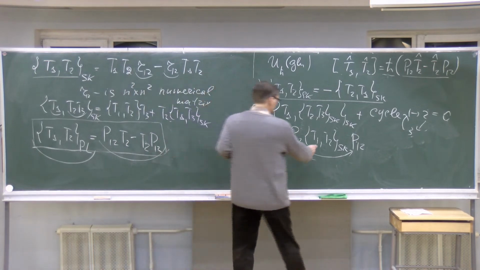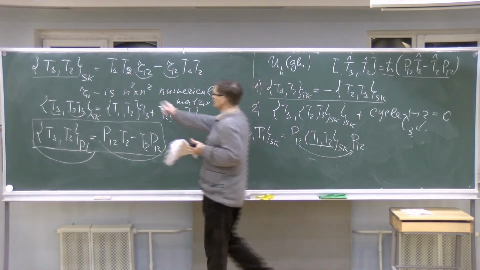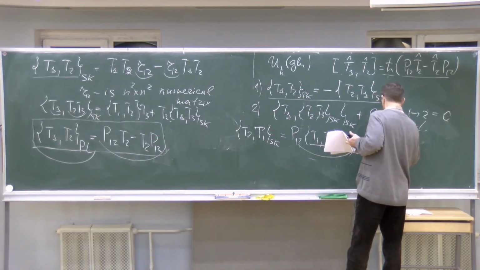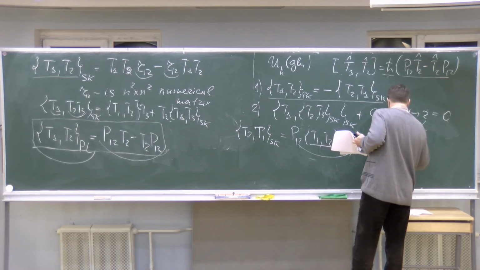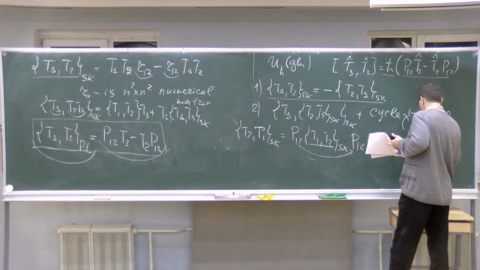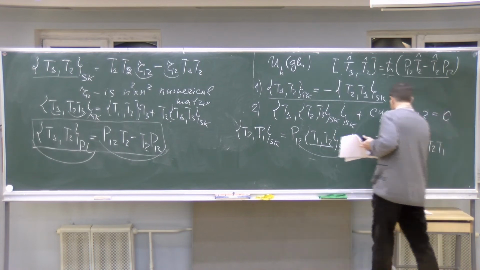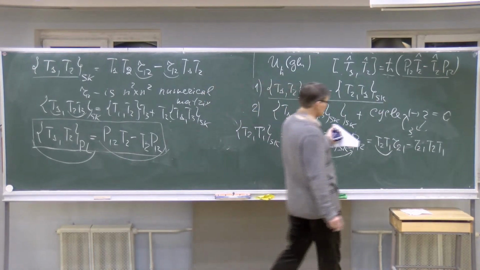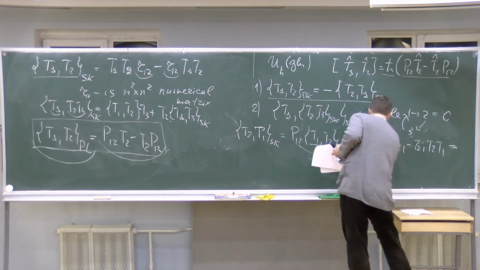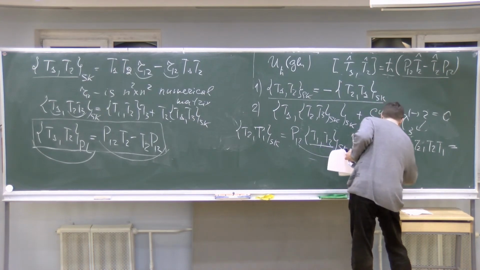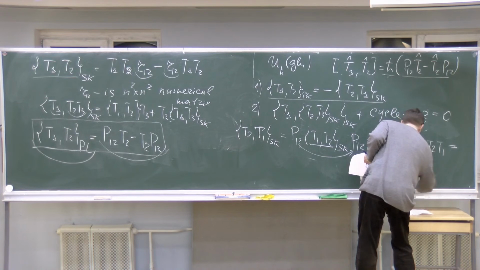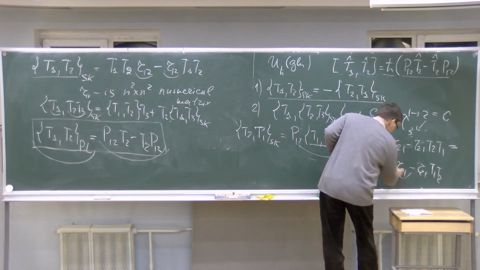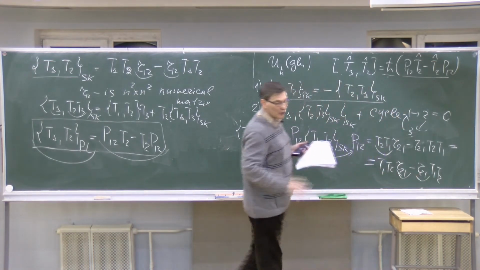So if I substitute here my definition, then I'll get T1 T2 R21 minus R21 T2 T1. But because our coordinates are commutative, T1 T2 is equal to T2 T1. So the only change is in the indices of our matrix.